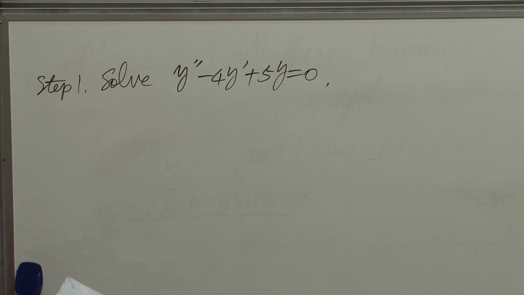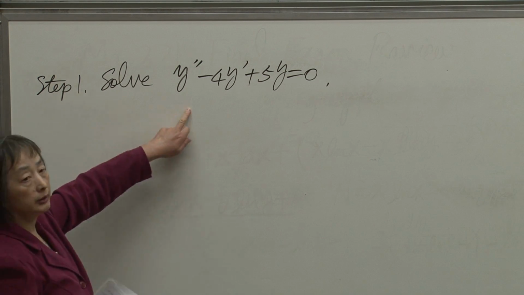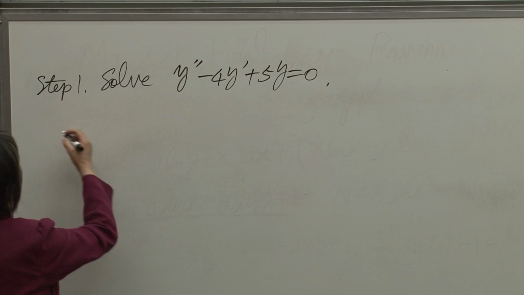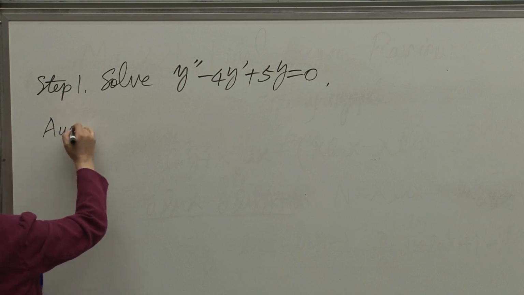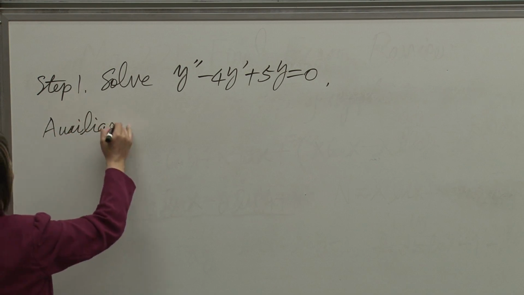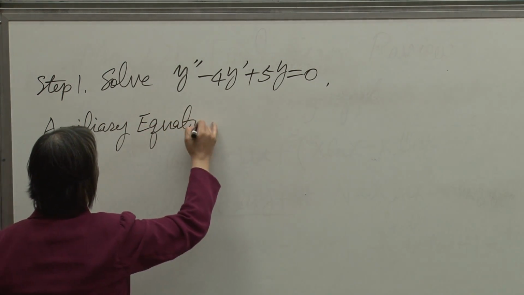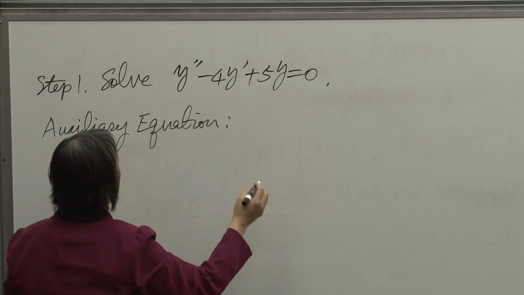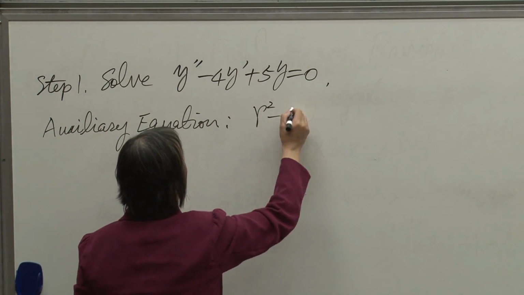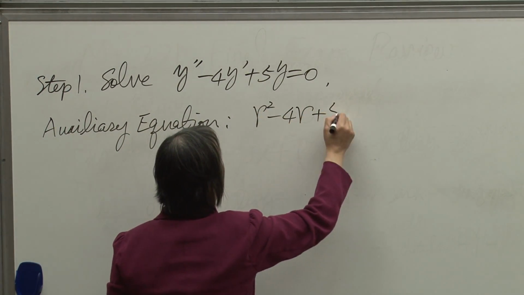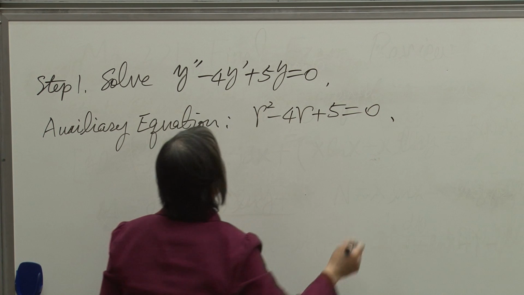This is a homogeneous equation with constant coefficients, so we write out the auxiliary equation, which is r squared minus 4r plus 5 equal to 0.